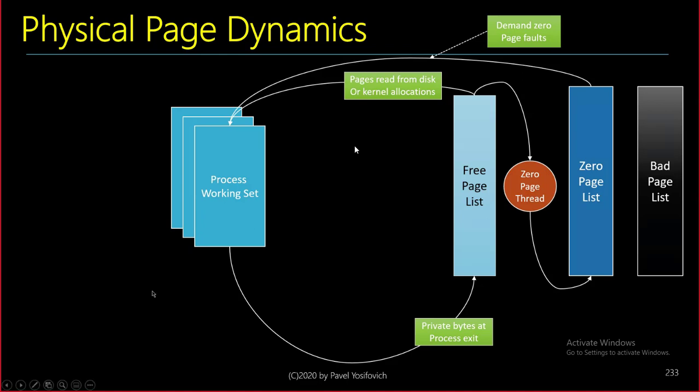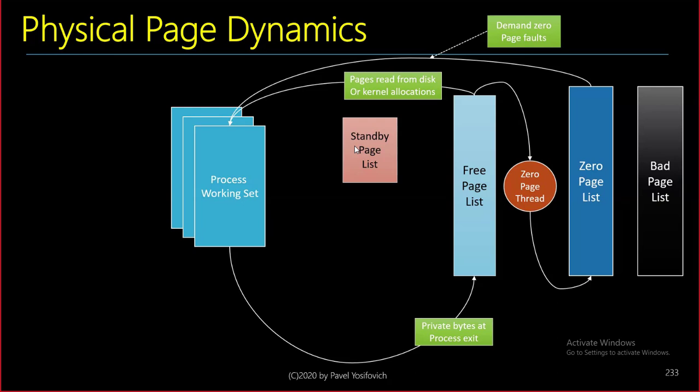So that's also fine. Next we have something called a standby page list, and this is the page list that allows us to have soft page faults if possible. Let's suppose a process has something in RAM and it hasn't used that memory for a while.